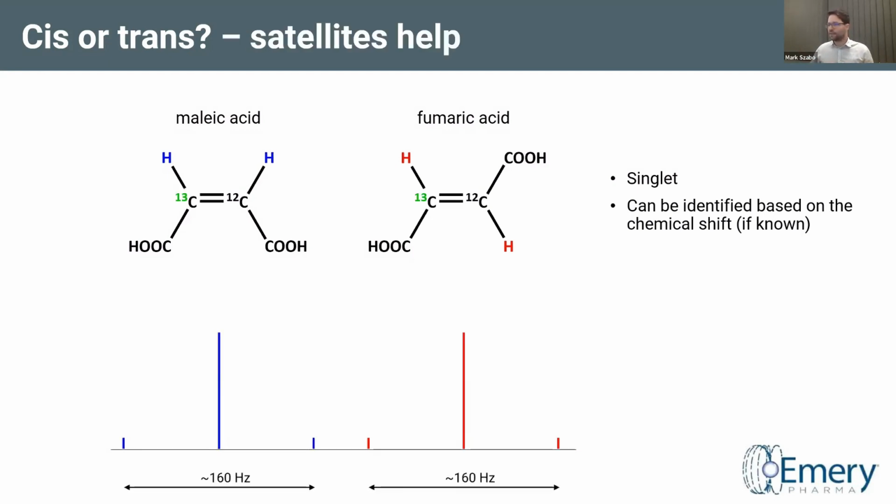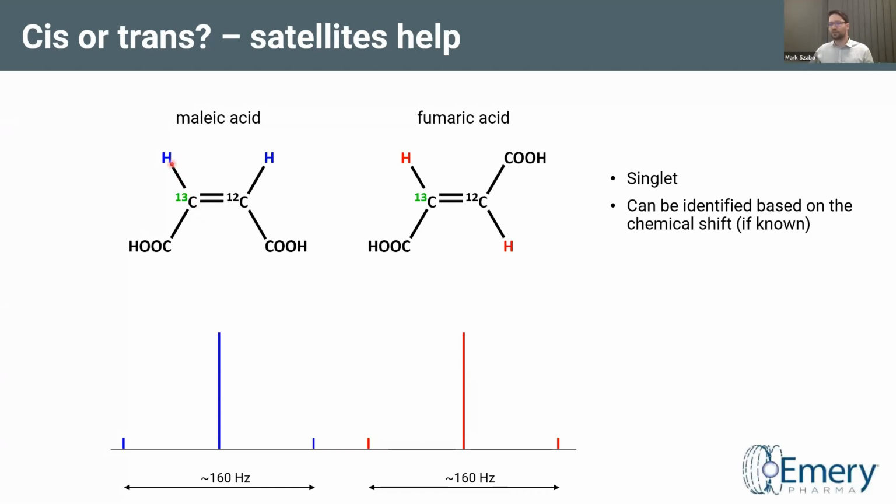The other thing is that there is a J coupling with the carbon atoms, and there are 1.1% of the molecules where there is a carbon-13, I'm going to switch to the laser pointer, a carbon-13 present in the molecule. And in this case, actually the two protons, the two blue or the two red protons, are not chemically equivalent anymore.